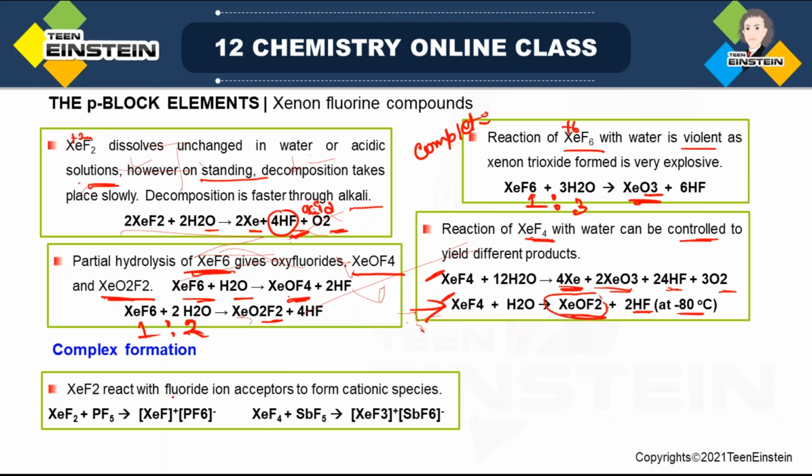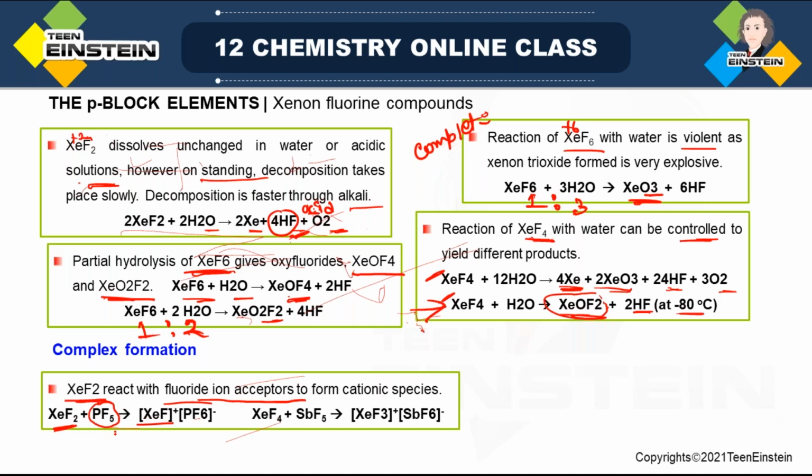Fluoride compounds of xenon can also form complexes. For example, XeF2 can react with a fluoride ion acceptor to form cationic species. Here we have used PF5, and PF5 is a fluoride ion acceptor. That means it will accept an F- ion, and if one F- ion is lost, XeF2 becomes XeF+.